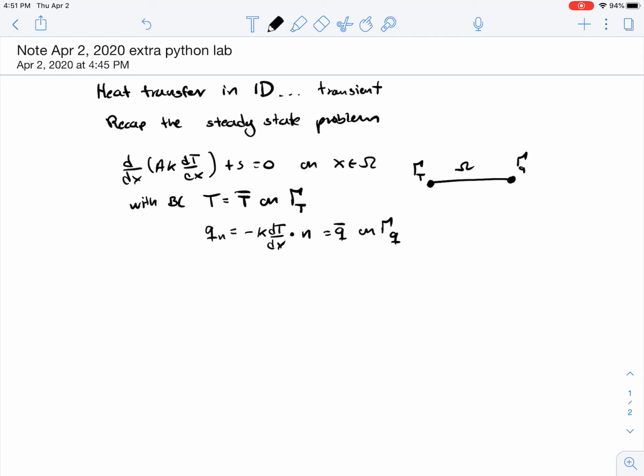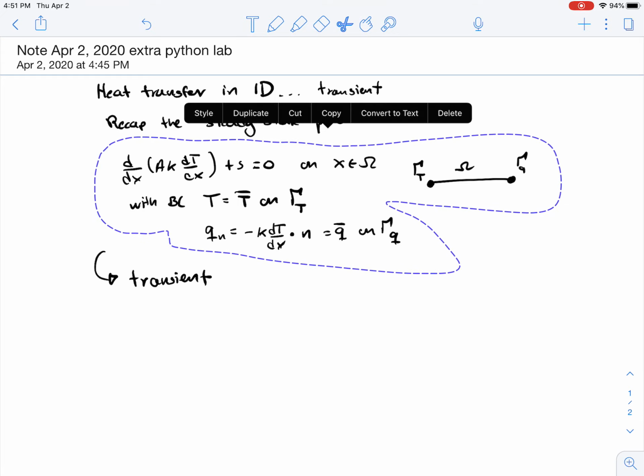So this is a steady state problem, and the way it's gonna change for the transient problem is that instead of making it equal to 0, we're gonna introduce the rate of change of the temperature.